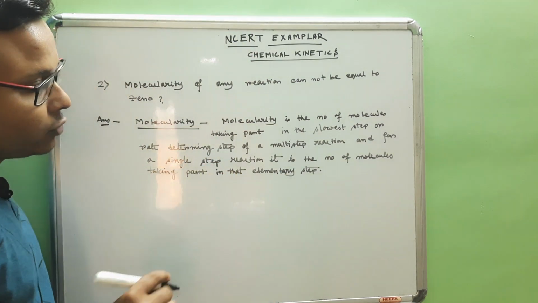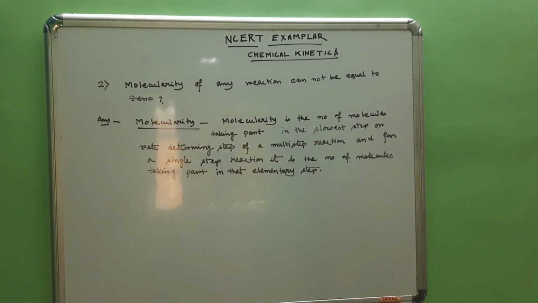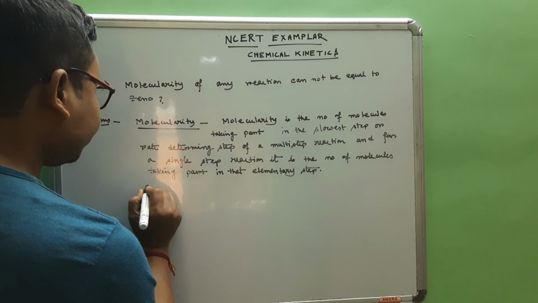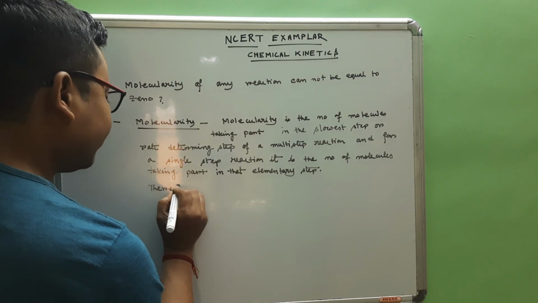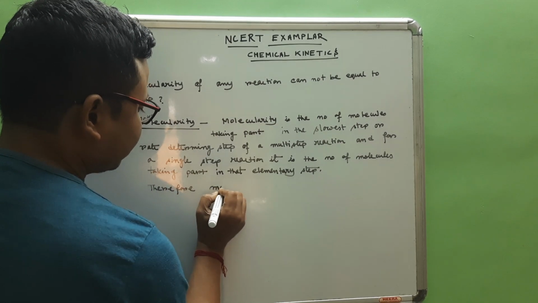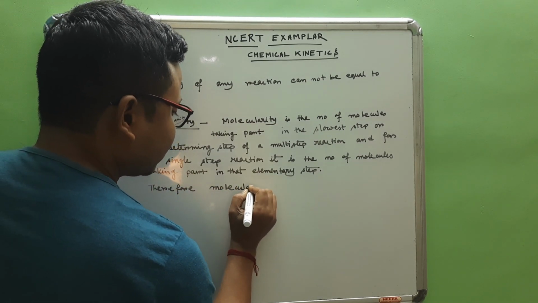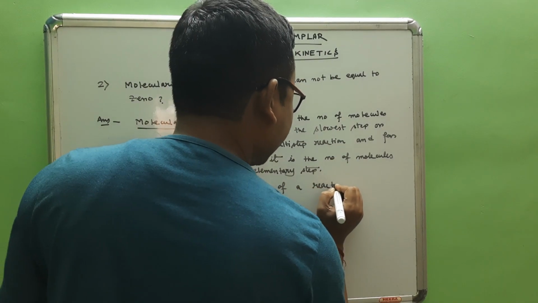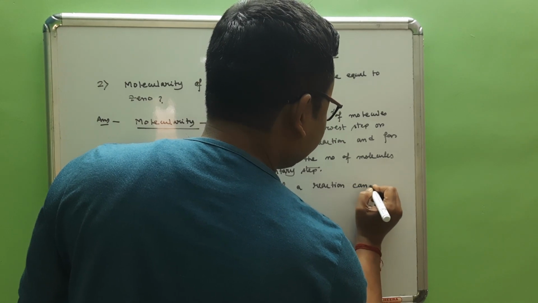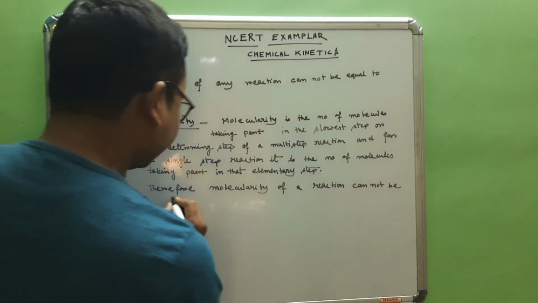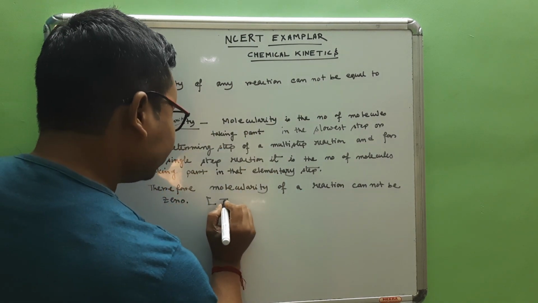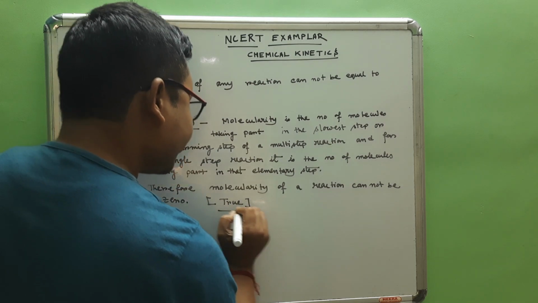So molecularity is the number of molecules, and the number of molecules cannot be 0, because if it were 0, the reaction would not occur. Therefore, the molecularity of a reaction cannot be 0. So the assumption is true.